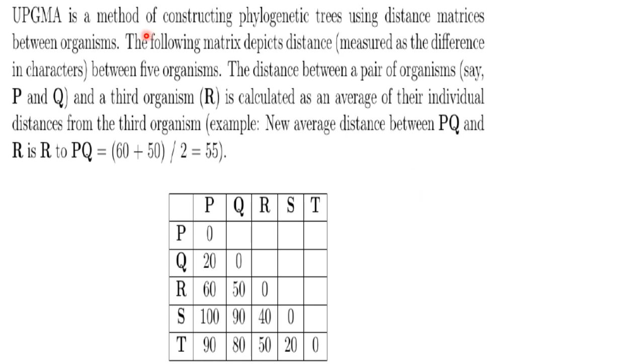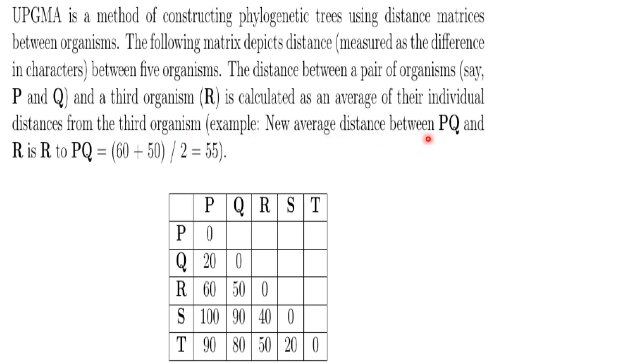Then next one. UPGMA is a method of constructing a phylogenetic tree using distance matrices between organisms. The following matrix depicts distance measured as the difference in characters between 5 organisms. The distance between a pair of organisms, say P and Q, and the third organism R is calculated as an average of their individual distances from the third organism.